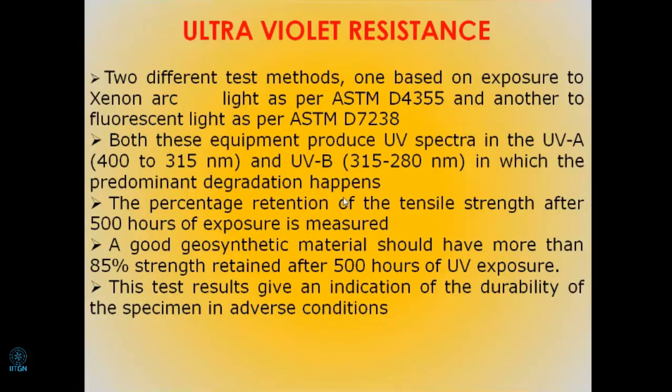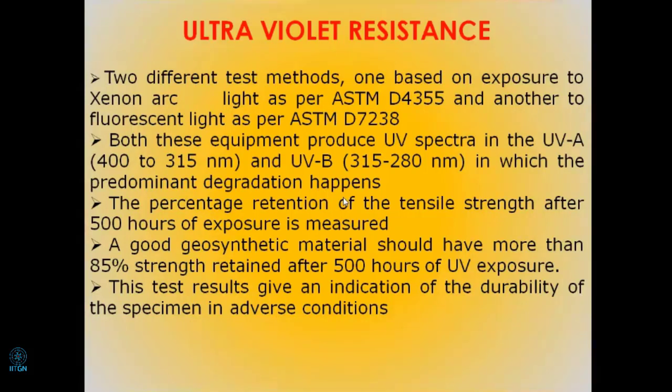These are the ranges: in case of A type of ultraviolet, the range varies from 400 to 315 nm, and for B type of UV, 315 to 280 nm. The percentage retention works like this: we take a sample for tensile strength purposes and perform the tensile strength test on it.